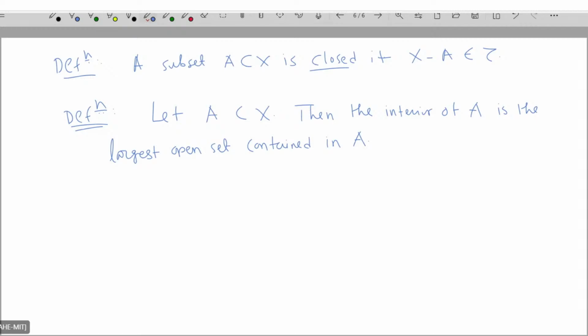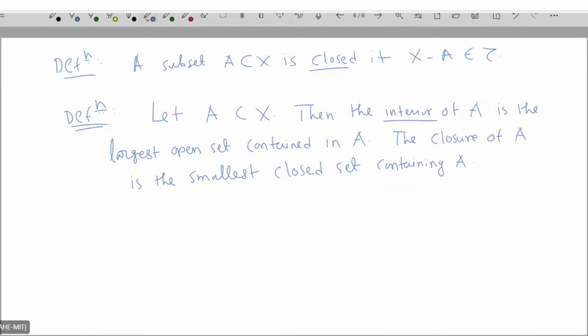And similarly, the closure of A is the smallest closed set containing A. Okay, so now closure is the smallest closed set containing A.